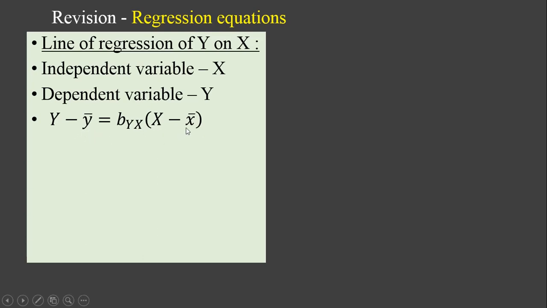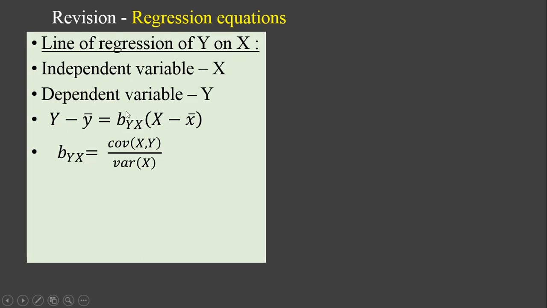Here x bar and y bar are means of series x and y, and byx is known as regression coefficient of y on x. If we know these three things, x bar, y bar and byx, then we can write the regression equation.